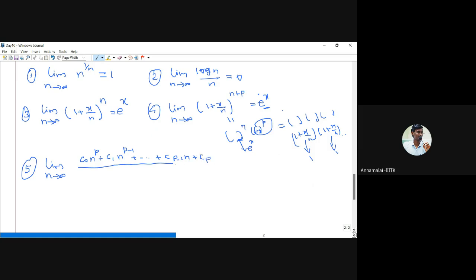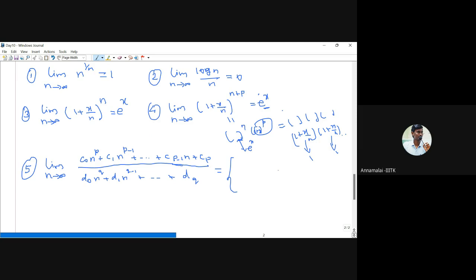Suppose we have another polynomial in the denominator: d0 n power q, plus d1 n power q minus 1 and so on, plus dq. So what is the limit of these sequences?